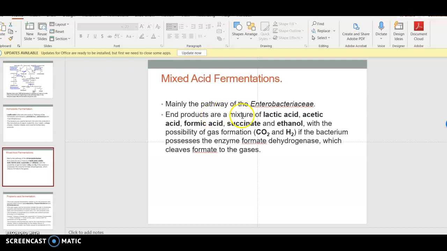So the end product can be a mixture of lactic acid, acetic acid, many kinds of acids, and also sometimes it can even produce ethanol or alcohol, with the possibility of gas formation, for example CO2 and H2, if the bacterium possesses the enzyme formate dehydrogenase, which cleaves formate to the gases. So basically, enterobacteria is one of the most complex or most diverse that can produce many kinds of product compared to the other two.